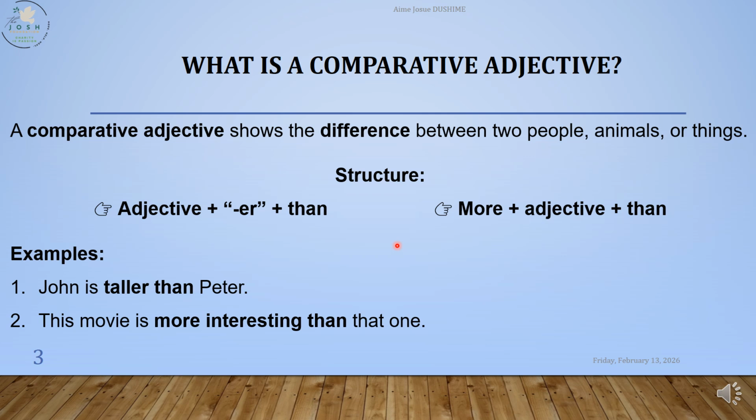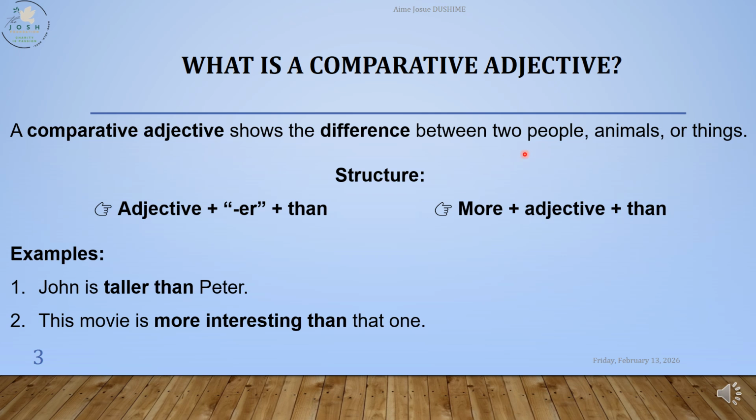How can I know a syllable which is short? It can be identified by clapping. If it is one clap, that's a one syllable word, like tall, short, big, small, large, anything which you can clap once.